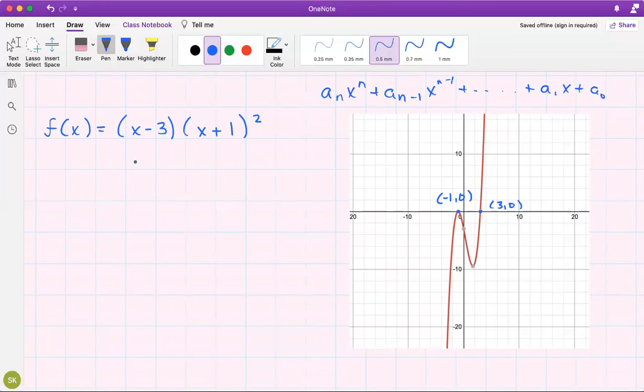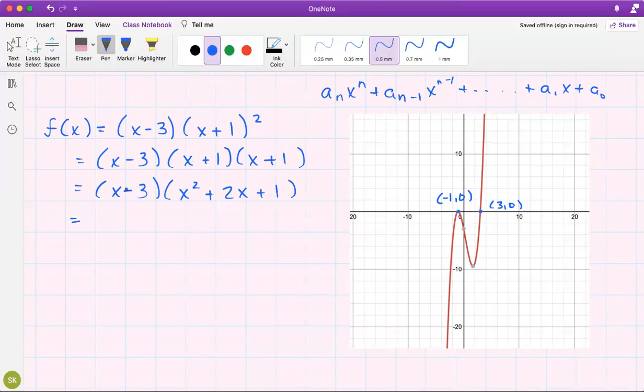In fact, I'm going to do that pretty quickly here. I'm going to FOIL this. This is x minus 3 times x plus 1, x plus 1. I'm going to multiply these two in the back first. And I get x squared plus 2x plus 1. And then to multiply this, I distribute the x to everything. I get x cubed plus 2x squared plus x.